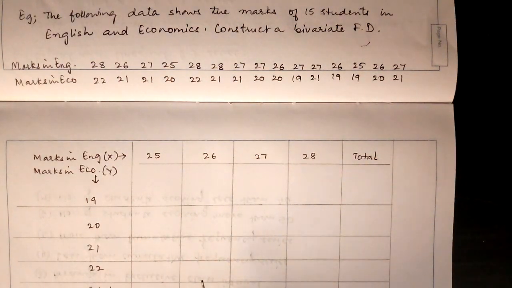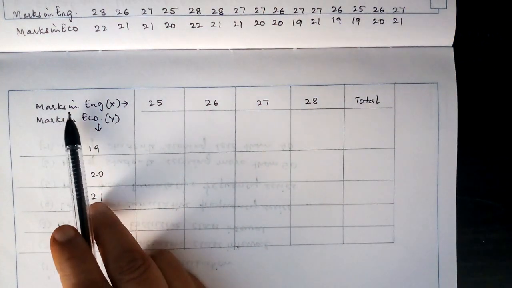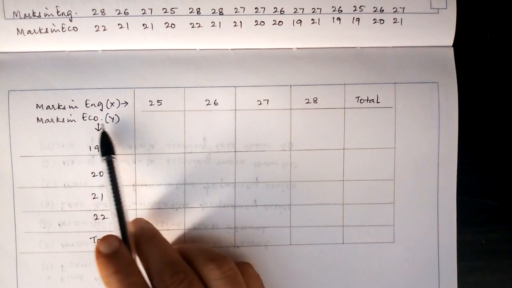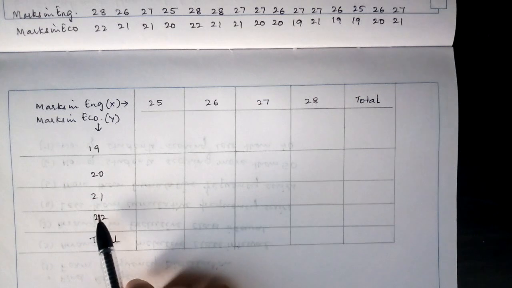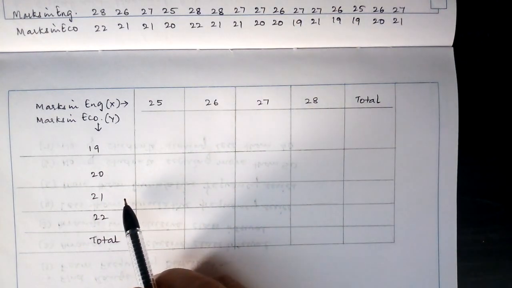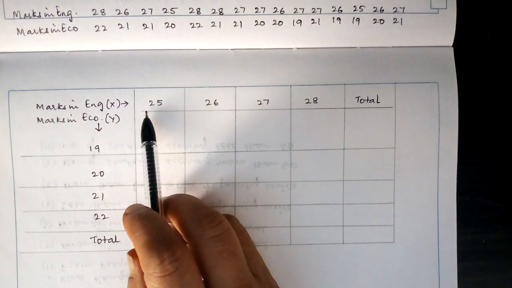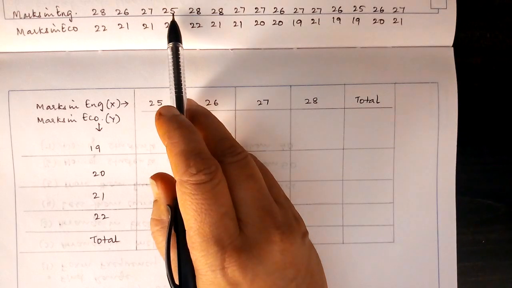For that, we need to draw one table. We'll have marks in English as rows and marks in economics as columns. Now let us find the least mark in English. We found that 25 is the least mark.